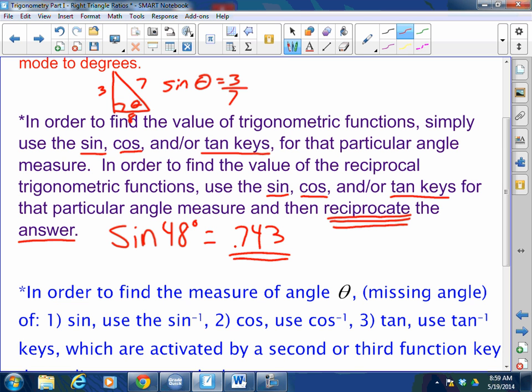Did everyone get that? You just found the value of the sine of 48 degrees. That is the value. So when an angle is moving and it's at 48 degrees, the value of the sine of that 48 degrees is 0.743. Okay, we're going to do a lot more examples, but just wanted to show you.